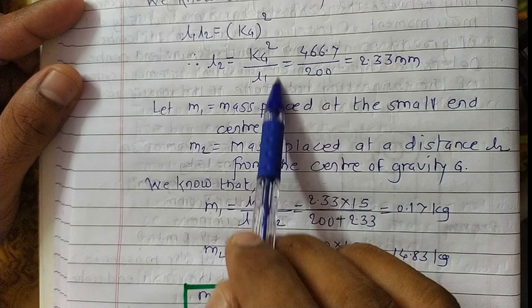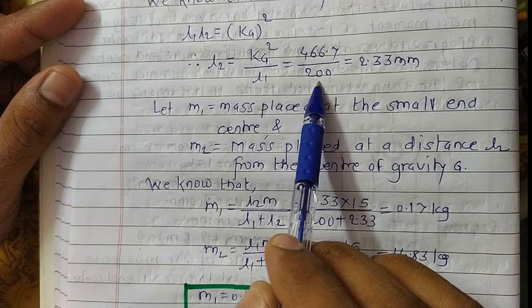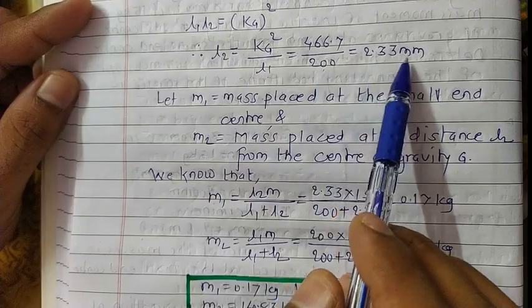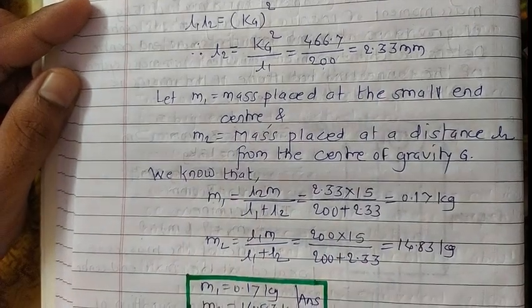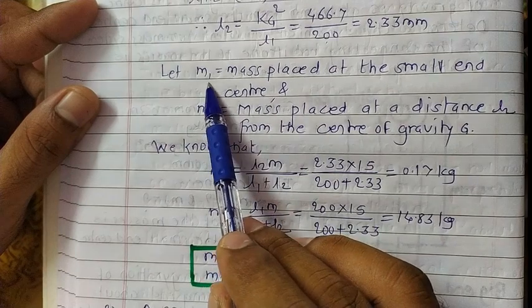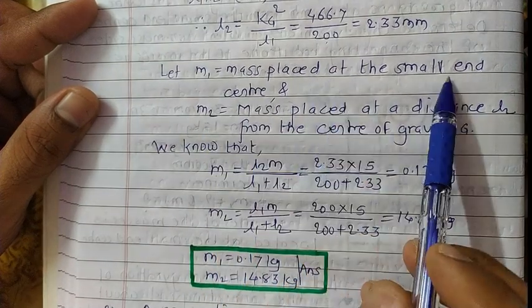L1 with us is 200. After calculations we found the value of L2 equals 2.33 mm. So regarding the first mass, this one M1, the mass is placed at the small end center.